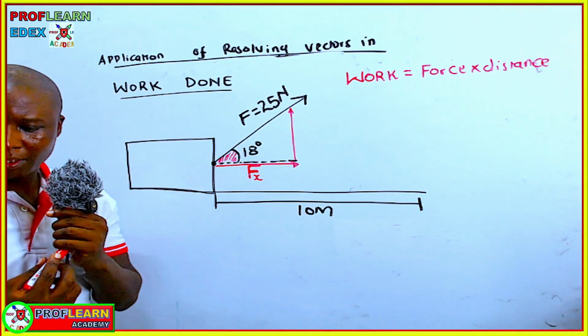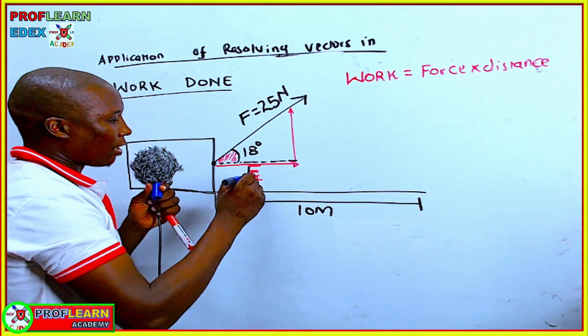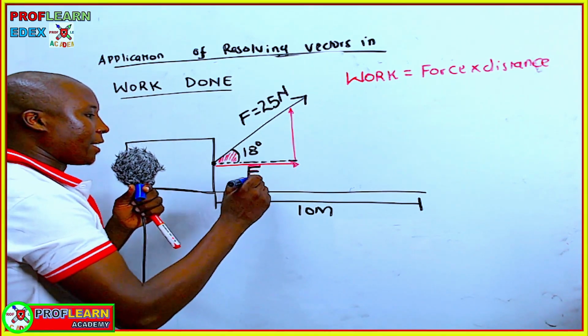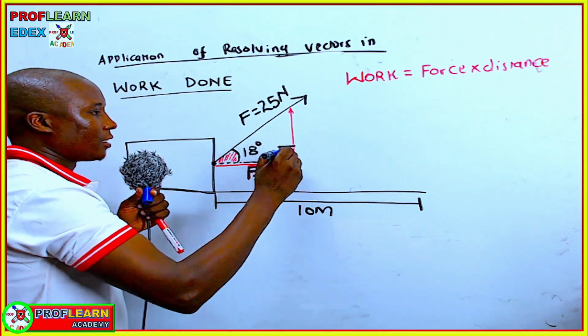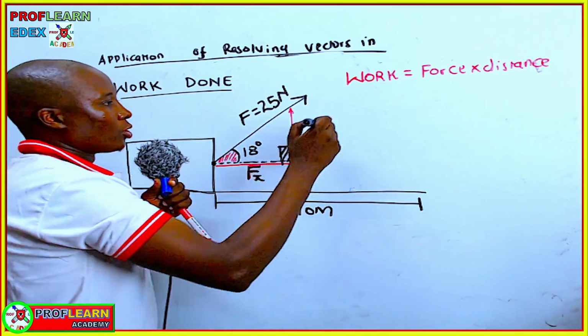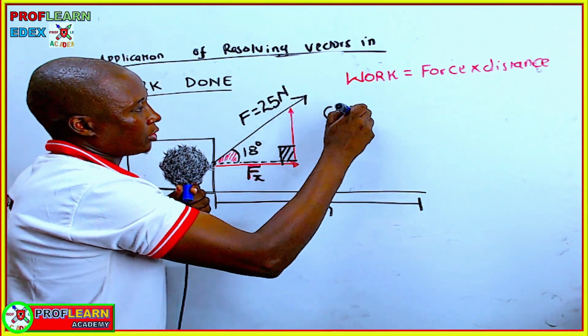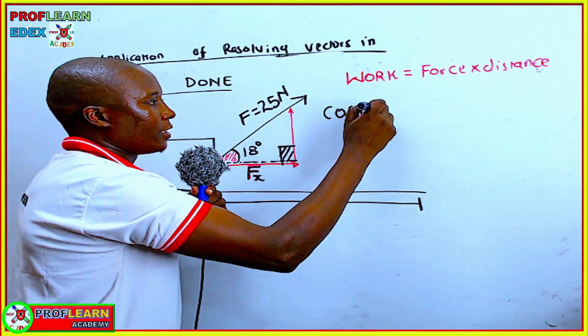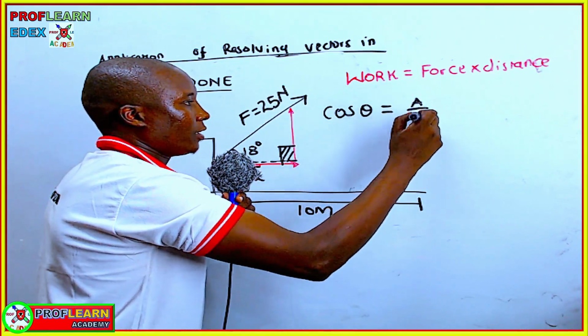18 degrees. So in order to work out that, remember we have, this is our adjacent, and this is hypotenuse. Of course, remember this is 90 degrees here. So adjacent and hypotenuse, that is actually cos, right? Cos theta is equal to adjacent over hypotenuse.